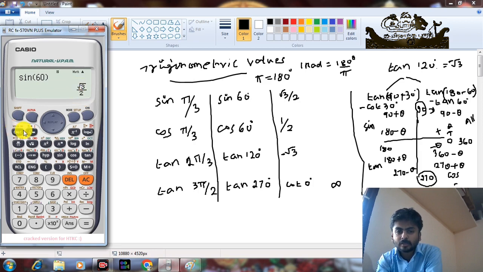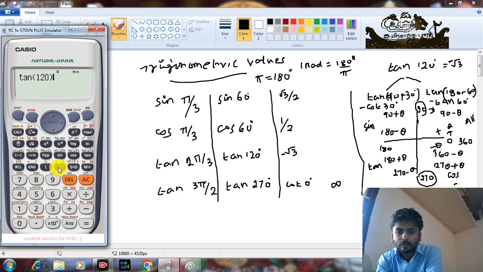Okay, so now we want to write tan 2 pi by 3. I am writing tan 2 into pi, that is tan 120.